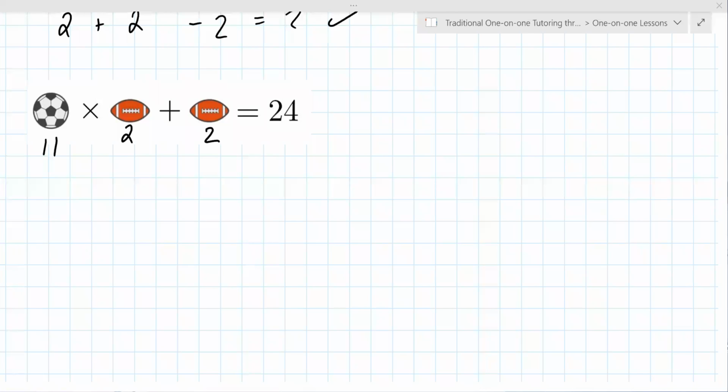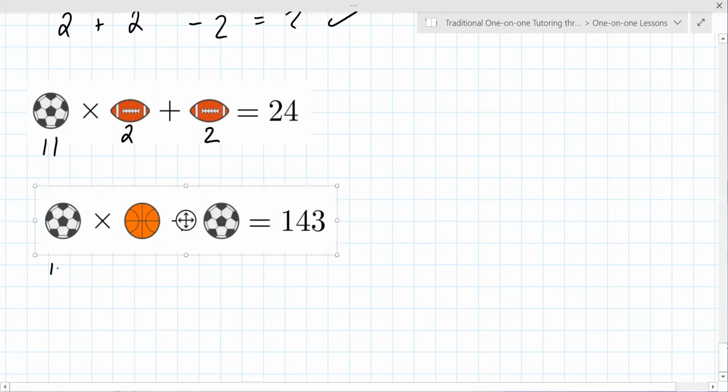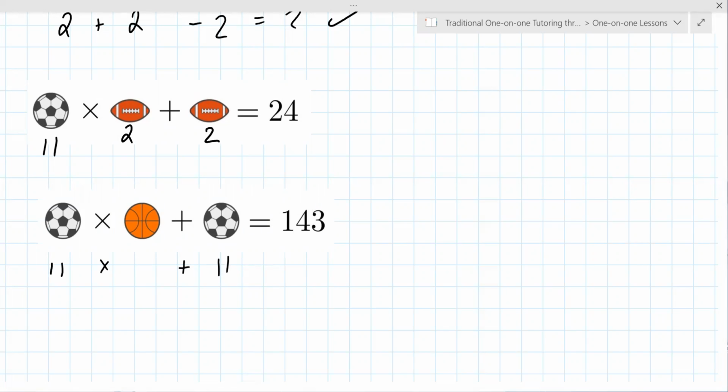You have to take the value of that soccer ball, which is 11, multiply it by some number here, and then add 11 to it to get 143. So you're literally guessing and checking.